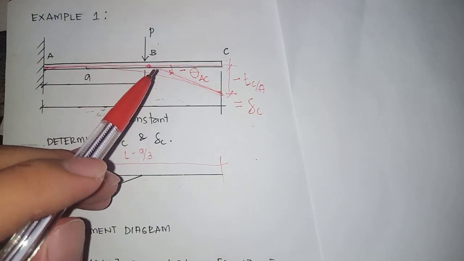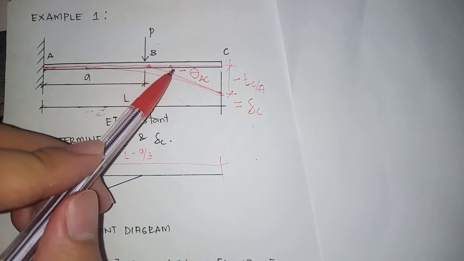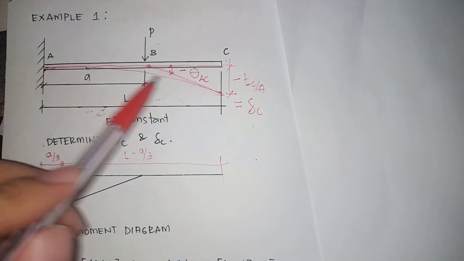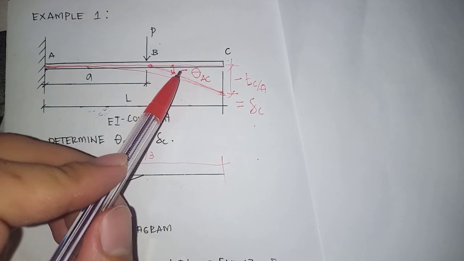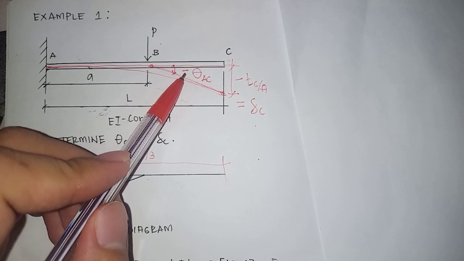And as we all know, this is theta AC because this is an angle formed by tangent lines drawn from point A and from point C. So dahil clockwise siya from the left tangent, kaya ang sign niya ay negative.